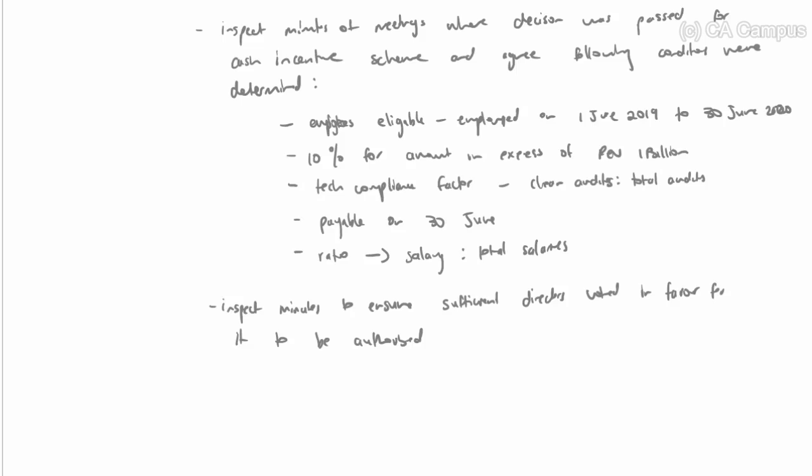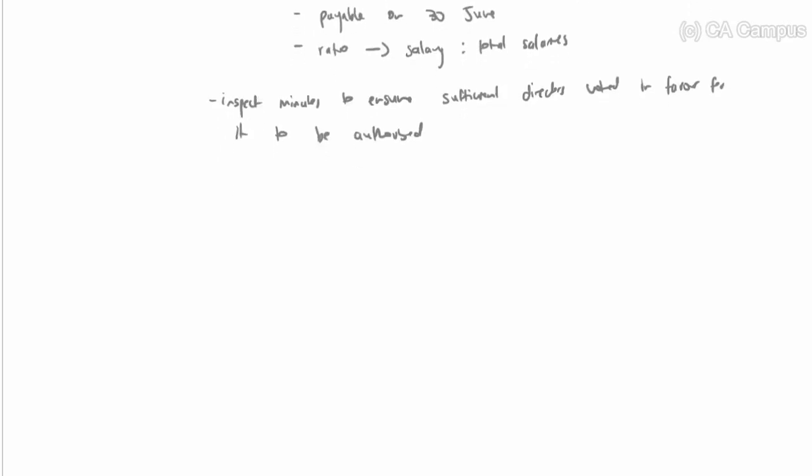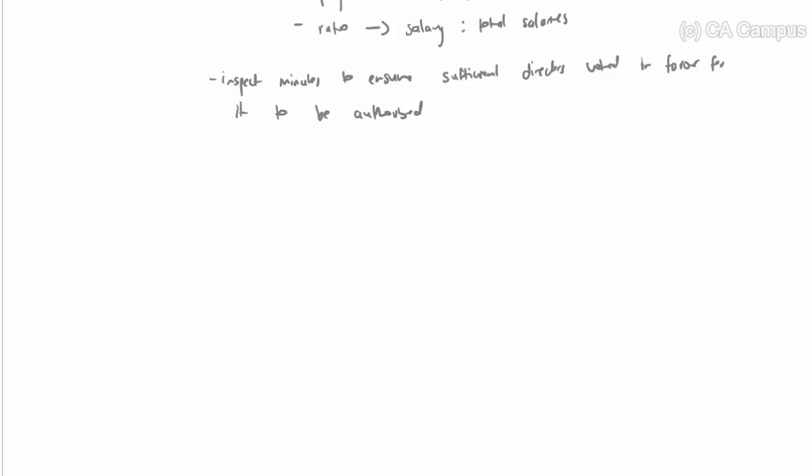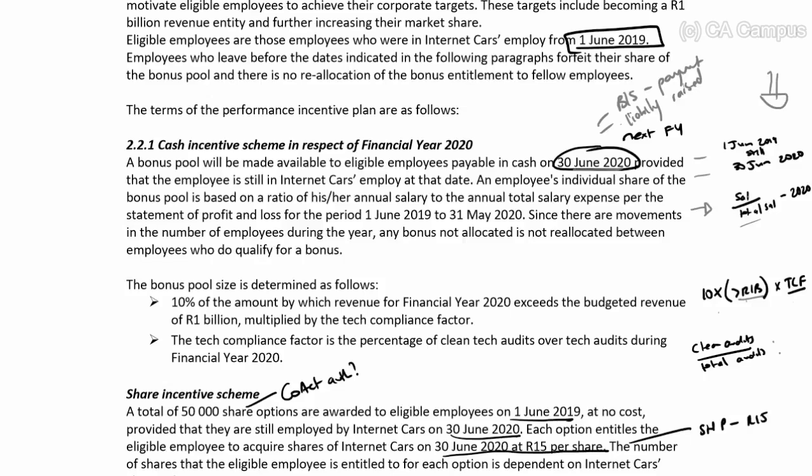Now I've tested occurrence of the decision and I've tested the terms and conditions. Now I need to go and test what's going to be recorded in the journals. So ultimately I want to go and test the calculation. So of that calculation, I want to make sure that all employees that meet this criteria are included for completeness.